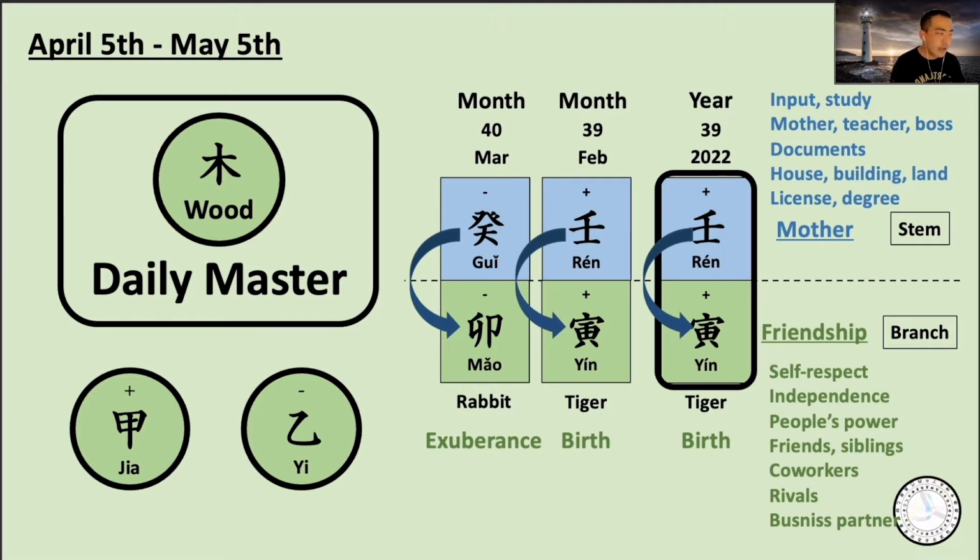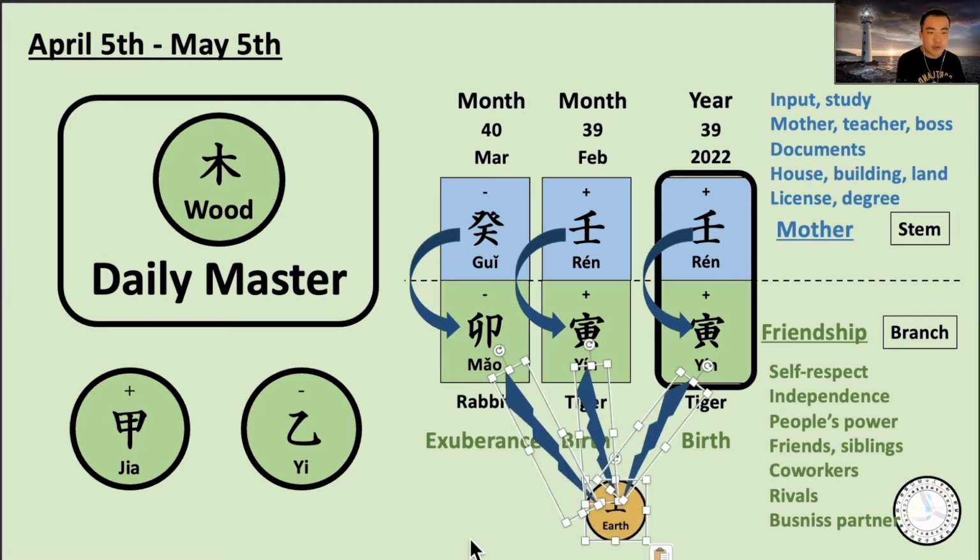Because all this wood is targeting controlling the earth, actually. That's what we've covered for the last couple of weeks. The reason I want to be more self-respecting, more self-independent, the purpose of that could be earning more money, targeting this money. I want to control this money. That could be the reason for the Wood Daily Master.